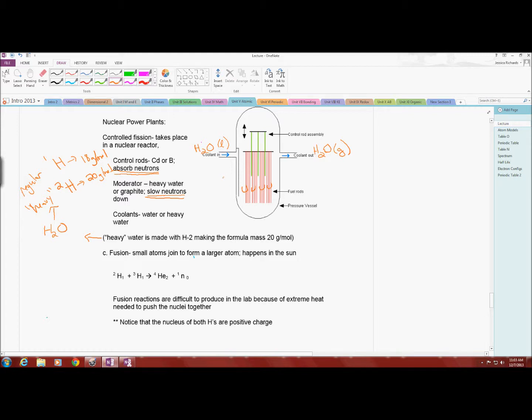The cons of nuclear power plants are the radioactive waste problems. So once the fuel rods are no longer concentrated enough to really make good amounts of energy, you need to put them somewhere and store them. The byproducts that are made are radioactive. This coolant water that's surrounding this reactor and used to turn your turbines has to go to cooling ponds and be held because it is also radioactive.